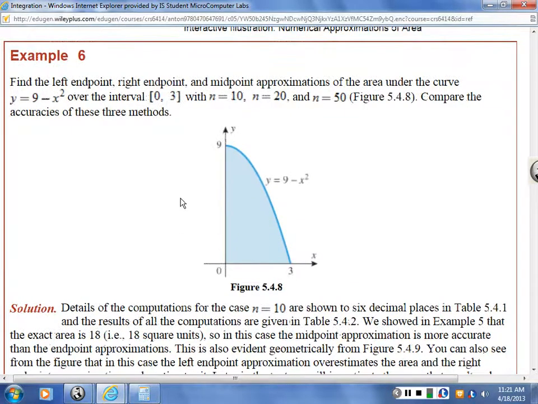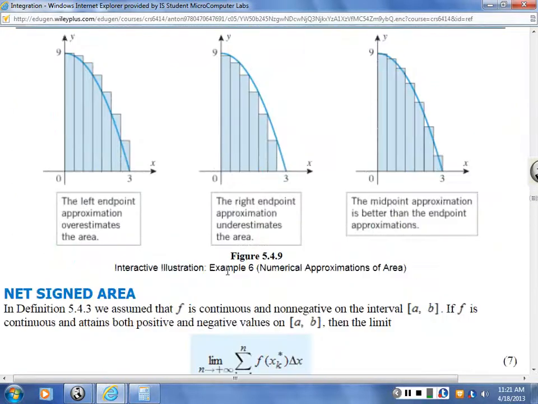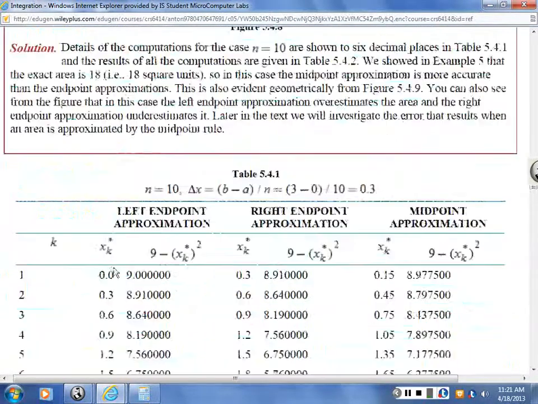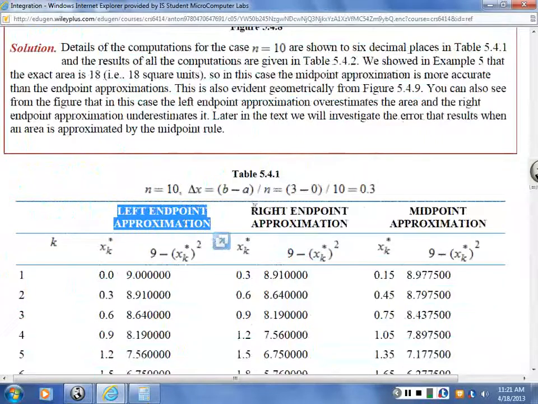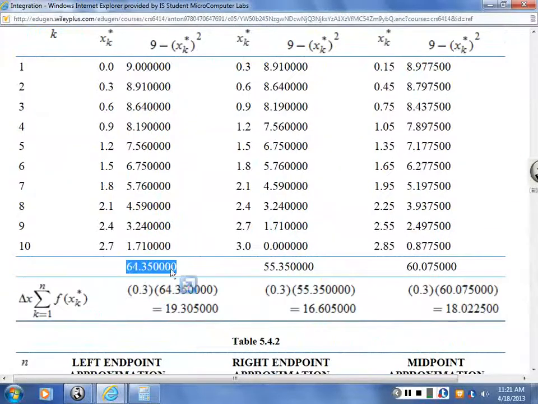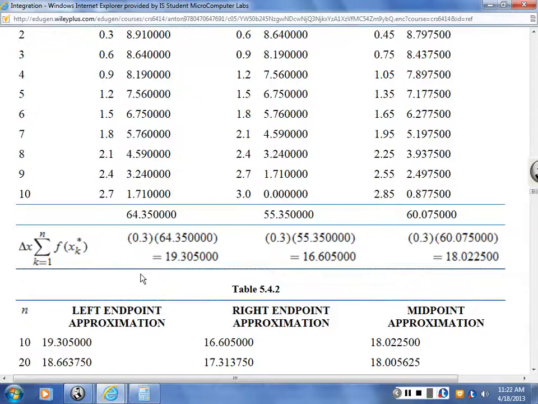This is the example that I usually do in class. And you can see if you do a left endpoint approximation versus a right endpoint versus a midpoint, you can see how close they are. What did we get the answer to be?